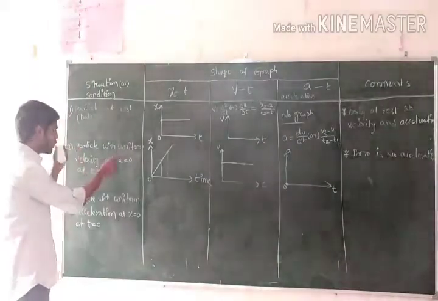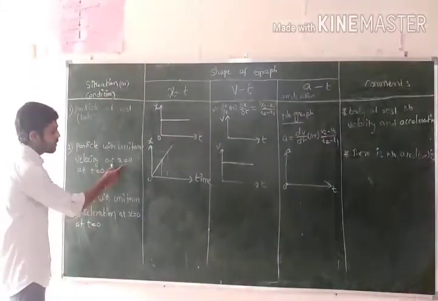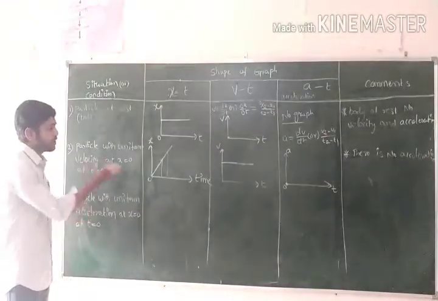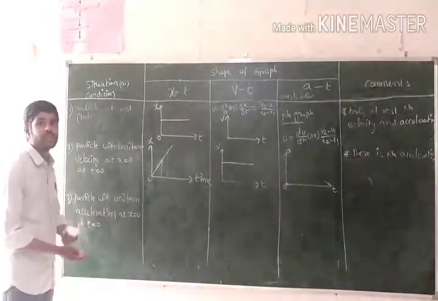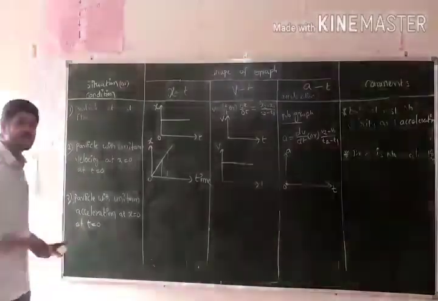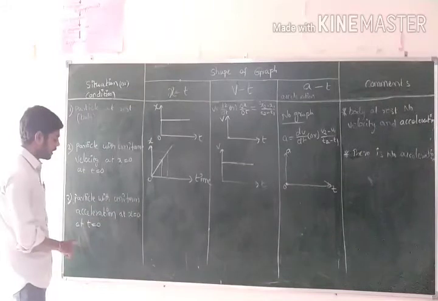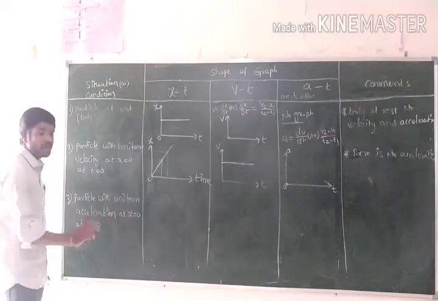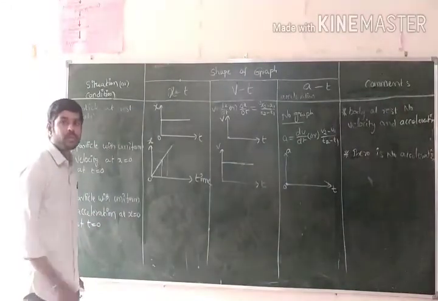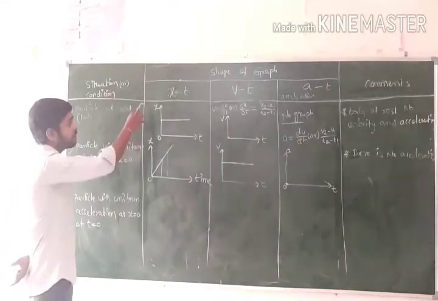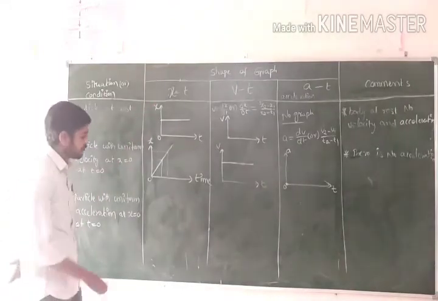If a particle is moving with uniform velocity, in that case they give x equals 0 at t equals 0. If x equals some distance, that is a different case. Next case, see here: particle with uniform acceleration, at t equals 0, x equals 0. This is the case we need to study, and with the same procedure we need to derive the displacement time graph.